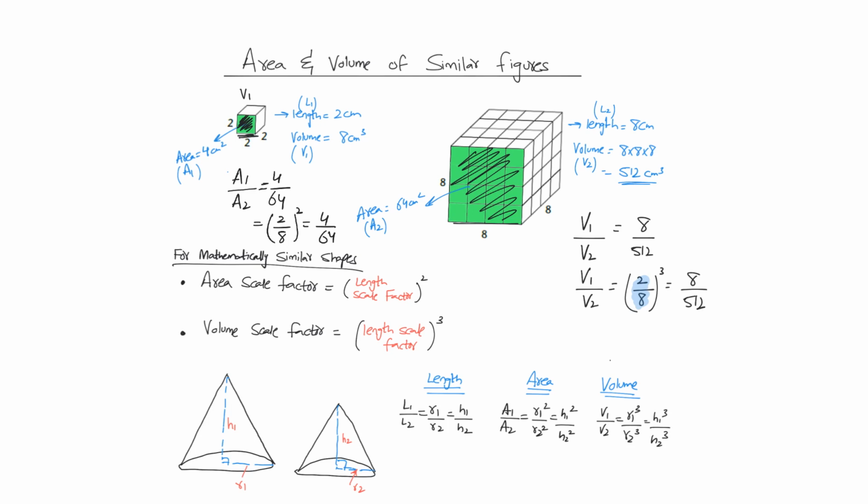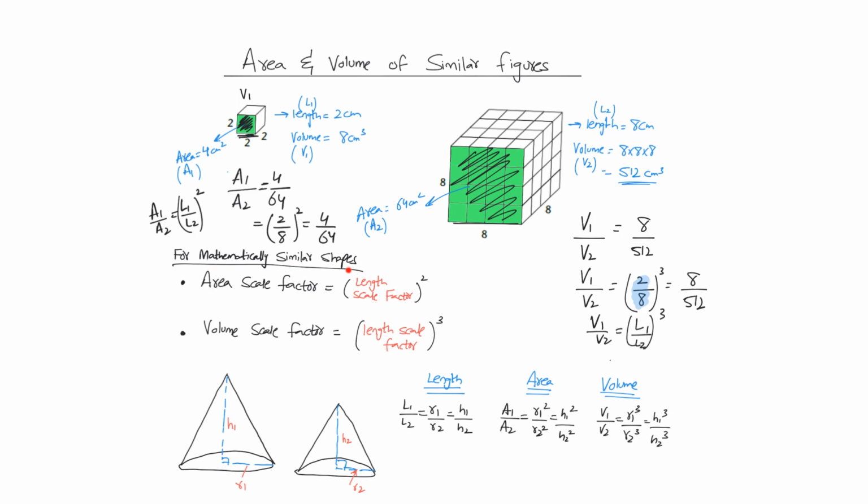So the bottom line is that the ratio of the areas of two geometrically similar figures is equal to the square of the ratio of their corresponding sides, and the ratio of the volumes of the two similar figures is equal to the cube of the ratio of their corresponding sides.